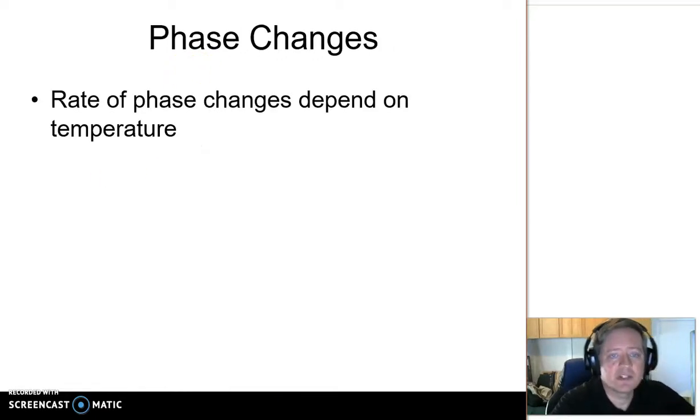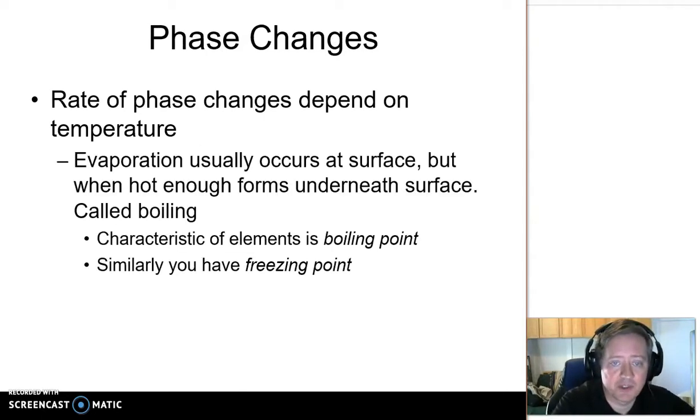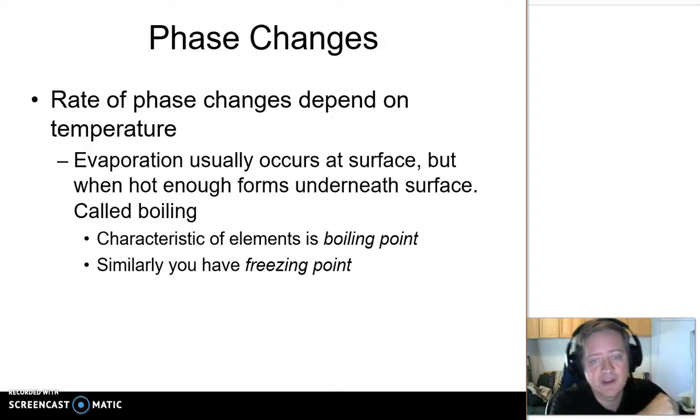When we're talking about these phase changes, how quickly they happen depends upon the temperature. Evaporation usually occurs at the surface, but if we raise the temperature enough, we can reach the boiling point. That's where the phase change starts to occur, not just at the surface, but also underneath the surface. That's a characteristic, and we'll talk about properties in just a little bit, for boiling points.